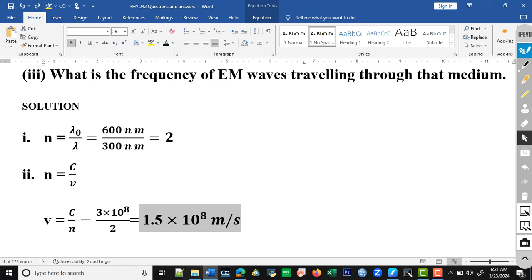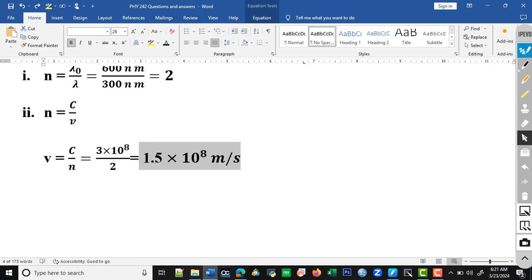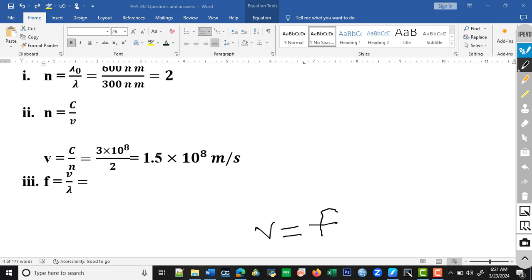Then the last option says, what is the frequency of the electromagnetic wave traveling through the medium? We are using f equals v over lambda. Remember the expression v equals f lambda.